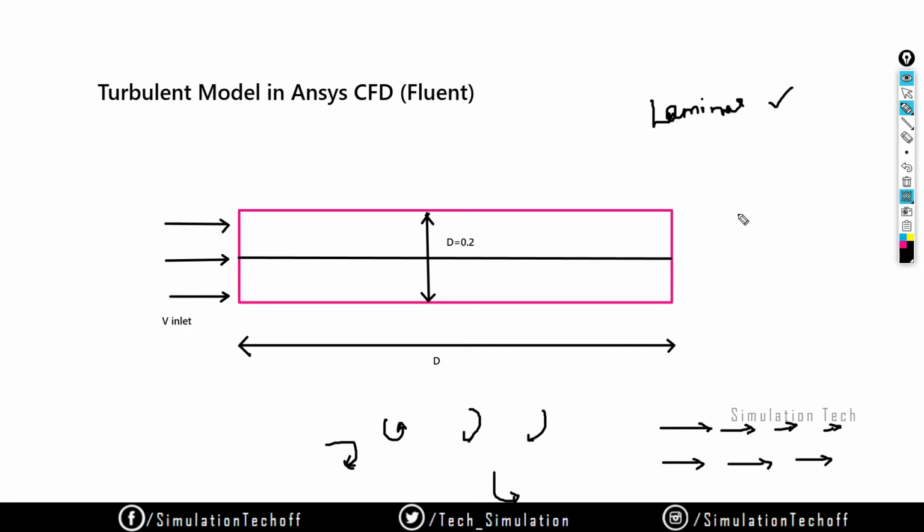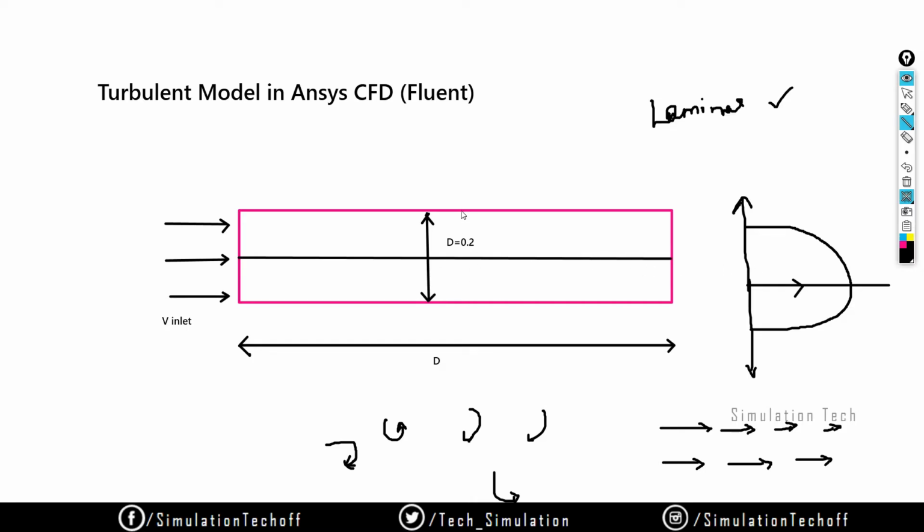So when I try to draw a graphical model like this, usually in the laminar flow it should be like this. What does it mean? At the center there will be a maximum velocity. In any case, at the center of the axial direction, the fluid flows at high velocity.